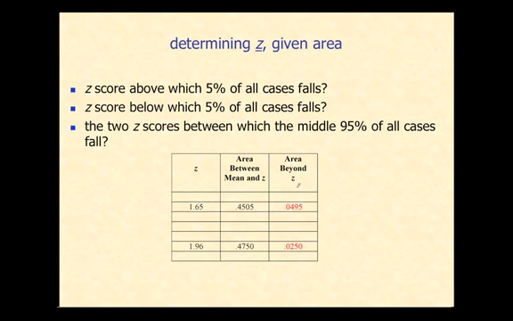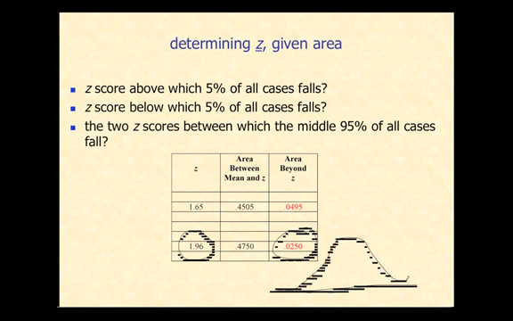The second question, which is between what two scores do 95% of all cases fall, and if you remembered my earlier hint, you probably got this. If you found the z-score of 1.96, you'll see that the area beyond z is 0.0250. You have 0.0250 in both tails of the distribution.